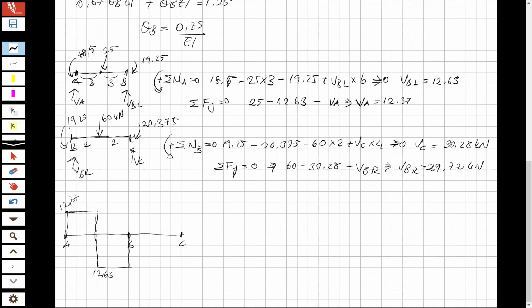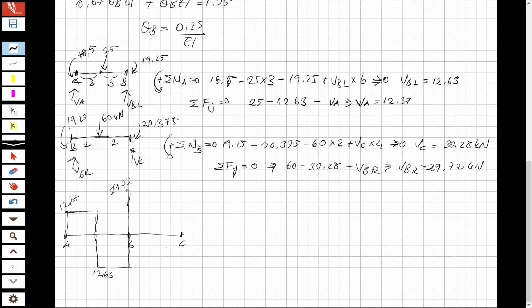This will be 29.72 plus 12.63, that will be 42.35. I will take minus 12.63. Then I will reach 29.72. I guess, yes, it's beautiful like that.